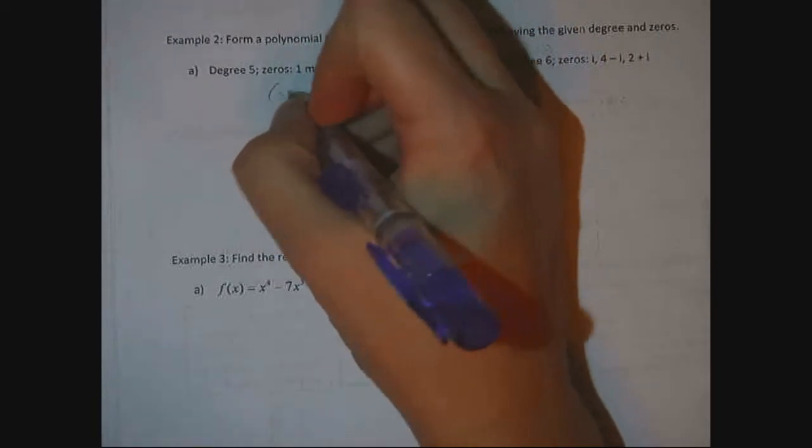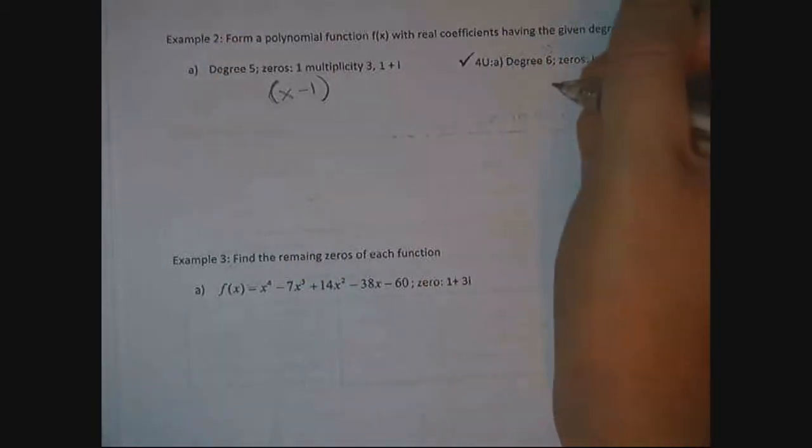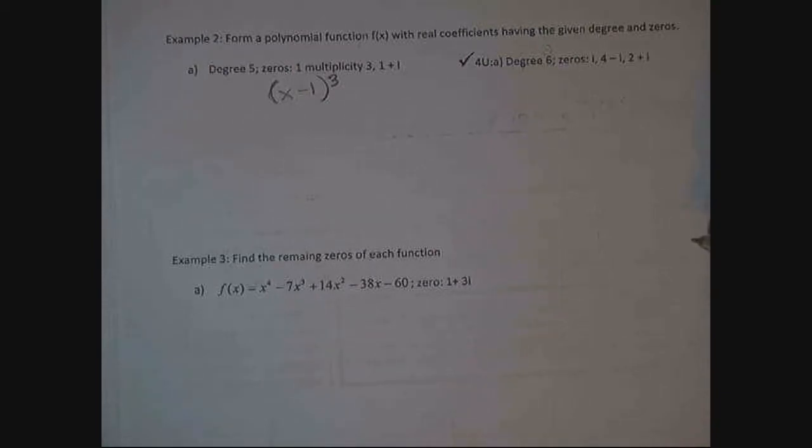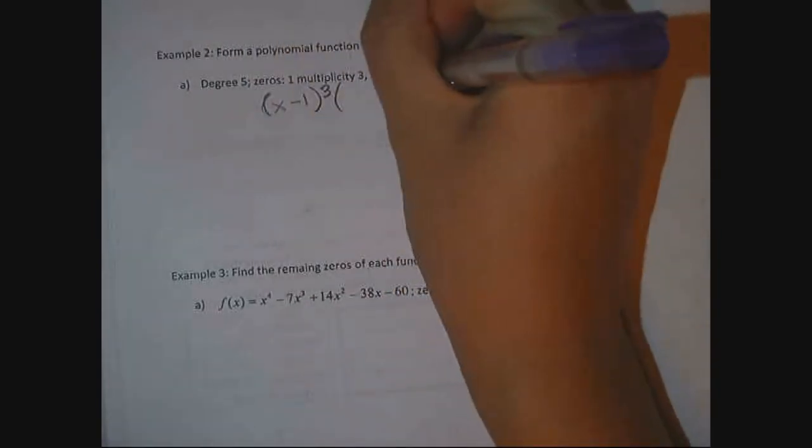So that tells me that one of my zeros forms this part of my polynomial, x minus 1, right, to give me that 0 of 1. And I have this 3 times in my polynomial function. My next zero that they give me is 1 plus i.